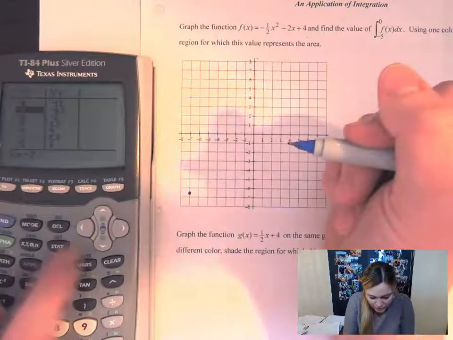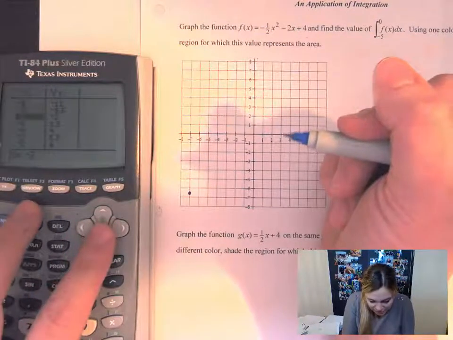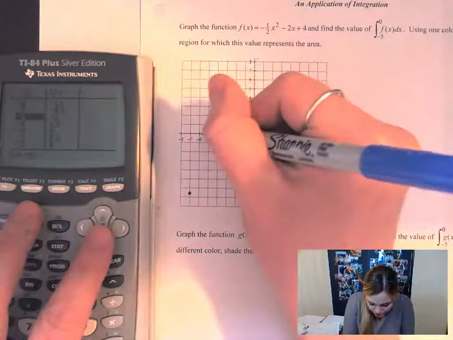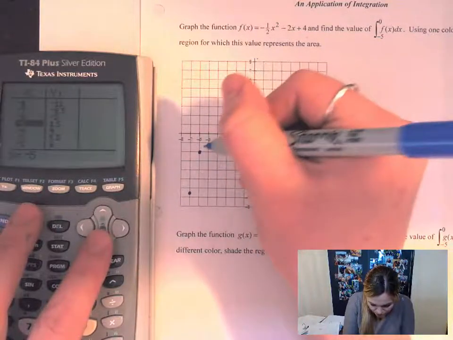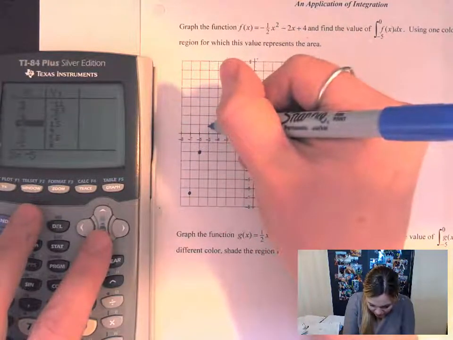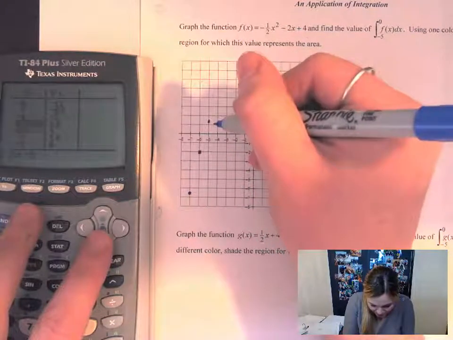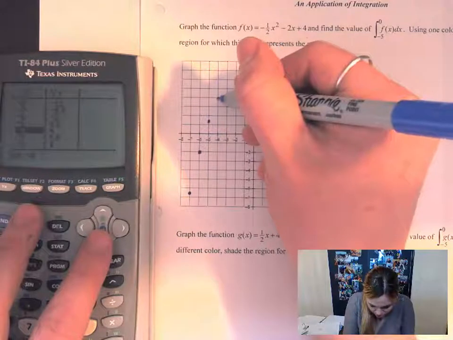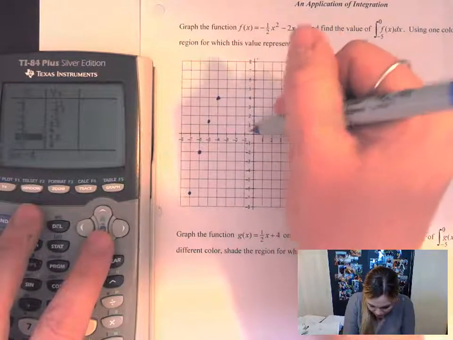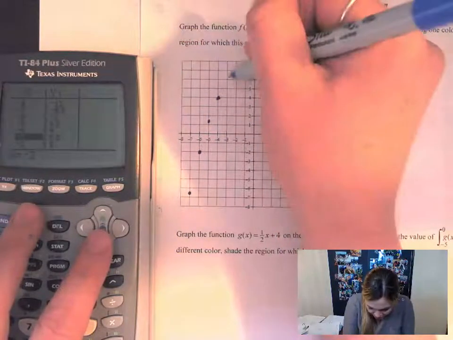I'm just graphing some points off of here. Negative 6, negative 2. Negative 5, 1.5. Negative 4, 4. Negative 3, 5.5.